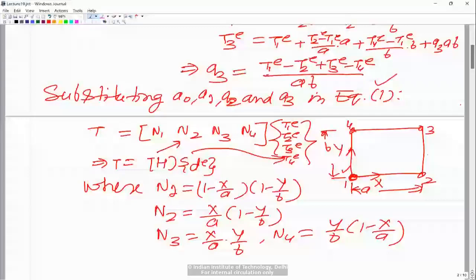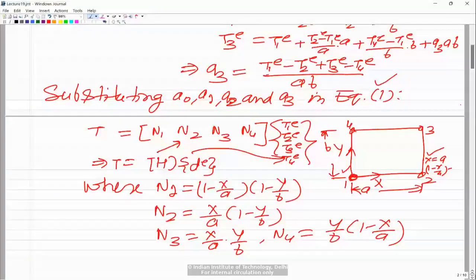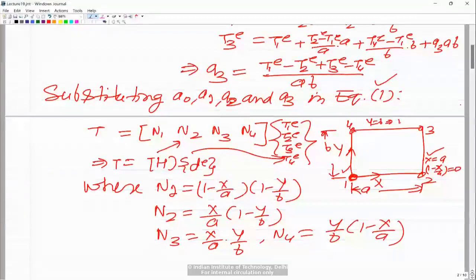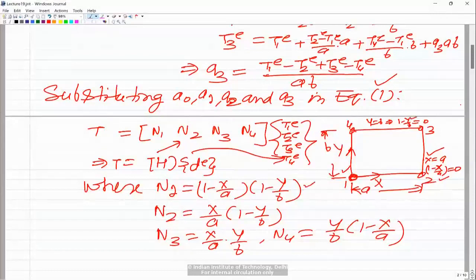To cover nodes 2, 3 and 4 using the minimum number of lines, we take one line whose equation is x is equal to a. This can also be written as 1 minus x upon a equal to 0. Similarly for this line, y equal to b, which can be written as 1 minus y upon b equal to 0. You take the product of these two equations of line, that is 1 minus x upon a, 1 minus y upon b, and that gives you the shape function N1.